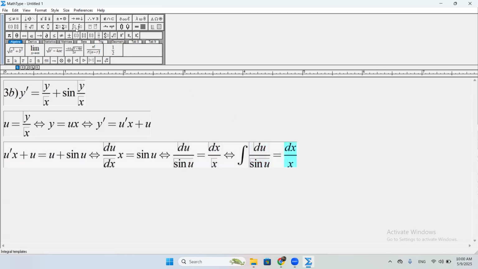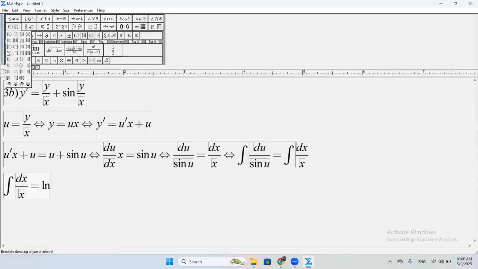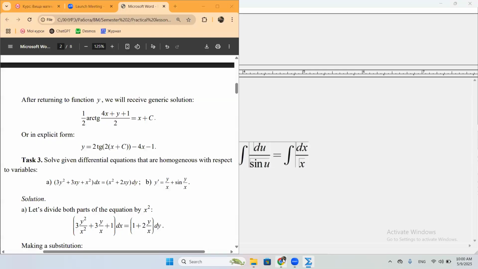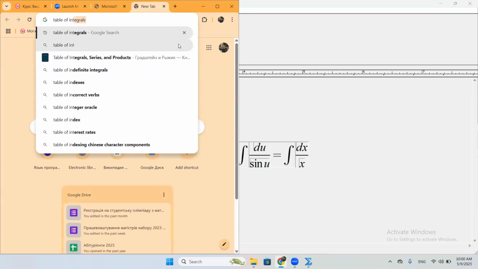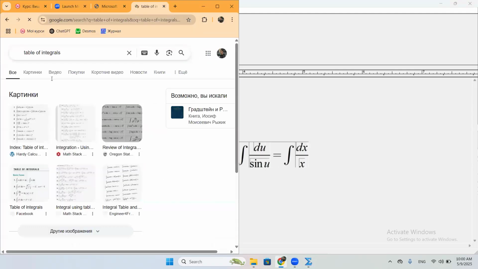Okay, I don't really remember the integral of cosecant, but let me Google a little bit. So this logarithm is logarithm of module x plus logarithm of module c, and so what will be the integral of cosecant?